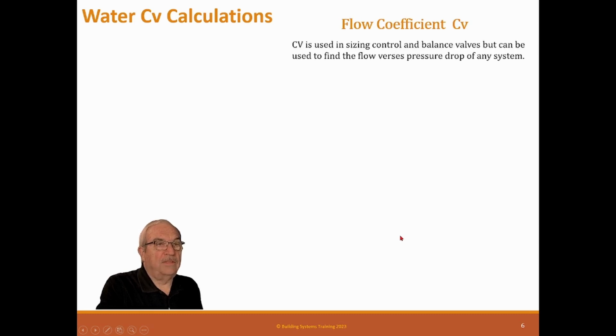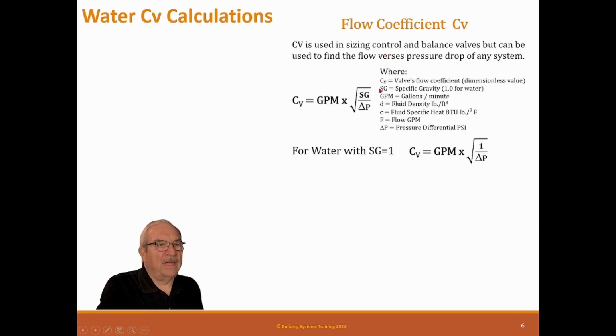All right, flow CV, flow coefficient. Now CV is used in sizing control and balance valves, but can be used to find the flow versus pressure drop of any system. It's basically a number, and it's unitless. It's just a CV, and it's defined as what the system will do at 1 psi pressure drop.